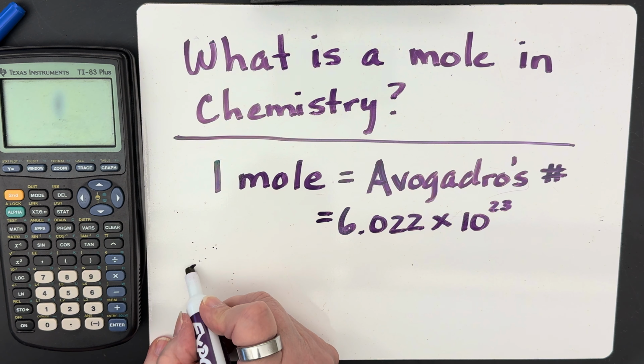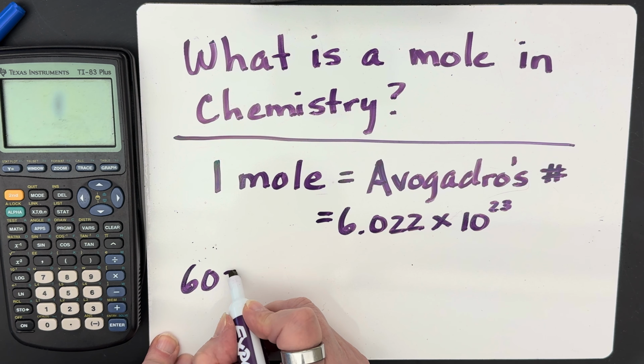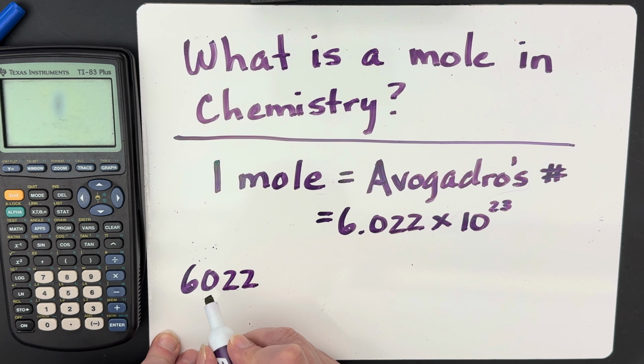That is 6.022, 1, 2, 3, 4, 5, 6, 7, 8, 9, 10, 11, 12, 13, 14, 15, 16, 17, 18, 19, 20, 21, 22, 23. That many things.